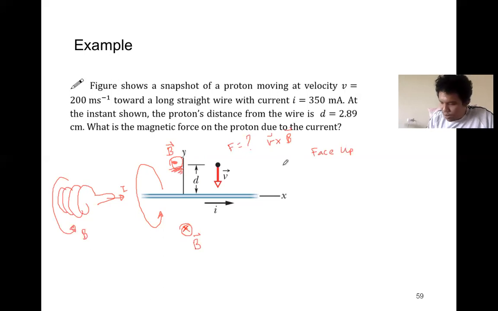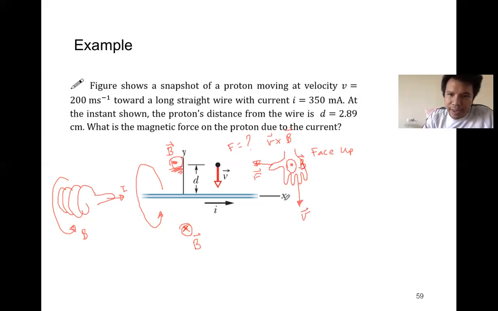So the right hand face up will give me something like this: the velocity is in the downward direction, and the face up hand gives the direction of the magnetic field outside, so that the force will be on the left hand side.